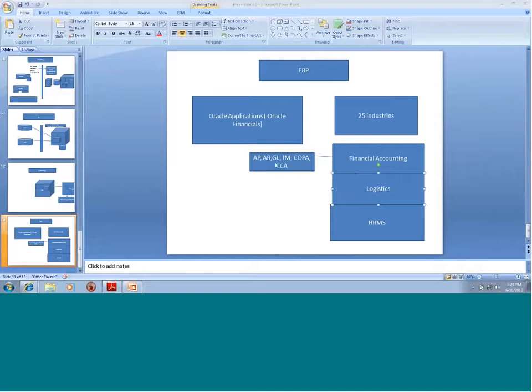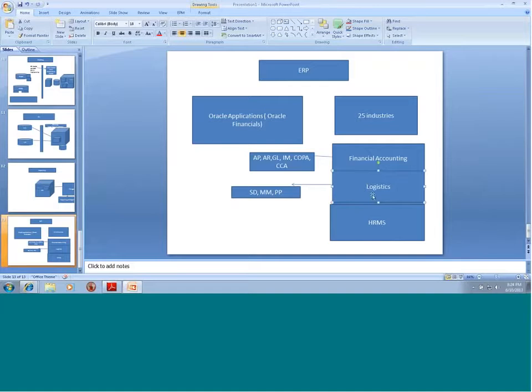Okay, so we were talking about financial accounting, and in logistics, there are different modules that are covered under logistics. So those are SD, MM, production planning, and there are several other tools that are used in the logistics system.